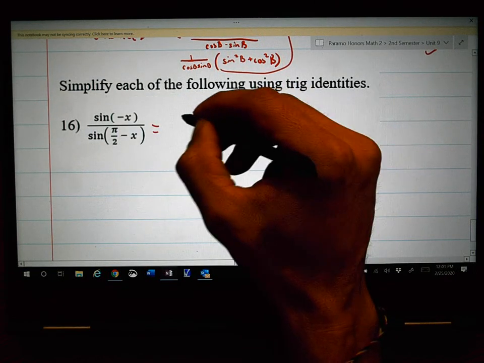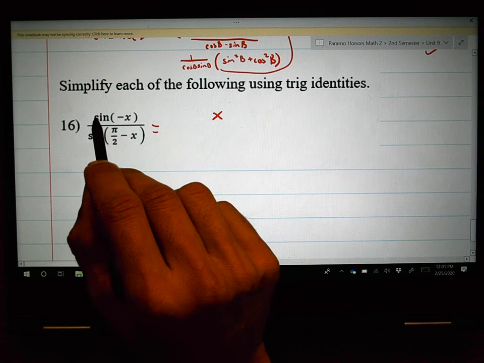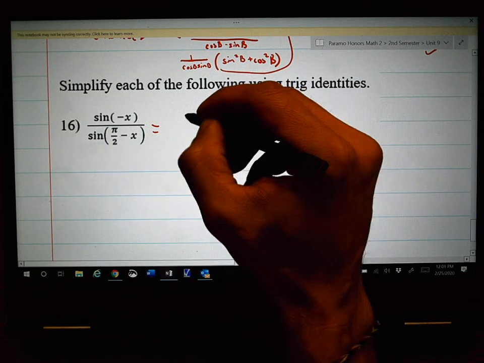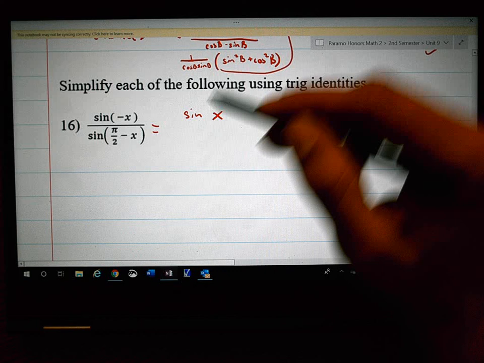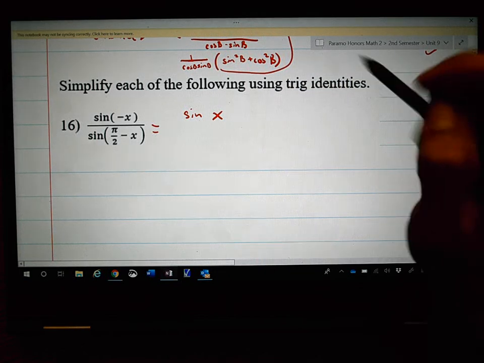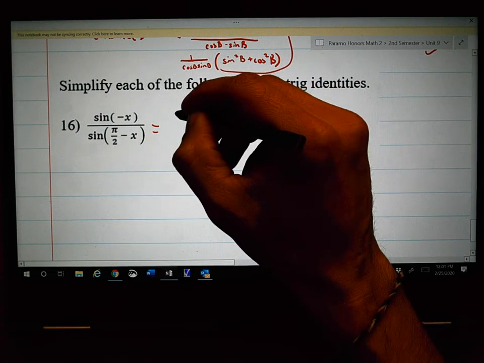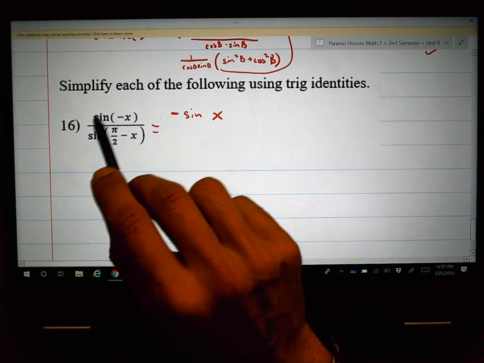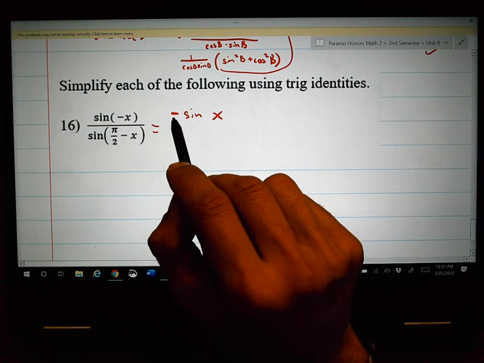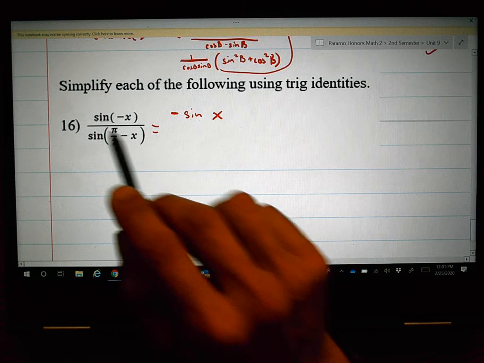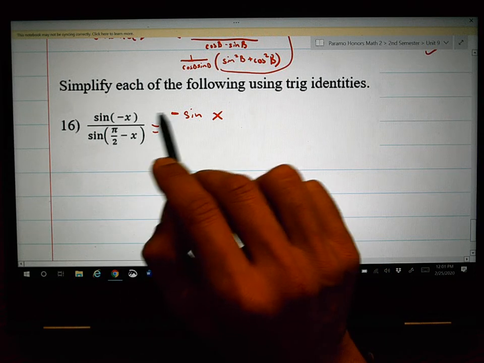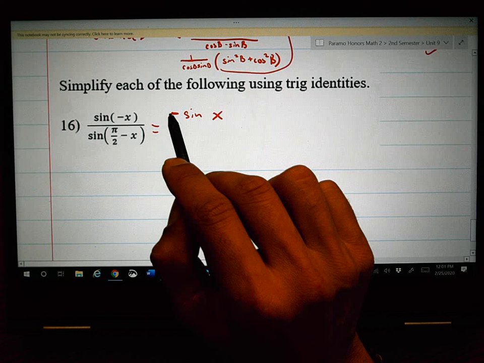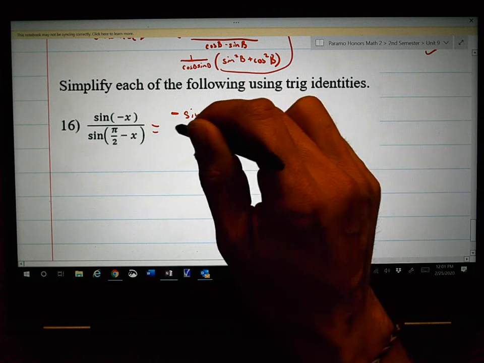When you change sine of a negative angle to a positive angle, is it the same or is it opposite? That means this, instead of a positive sign, it's a negative sign of x. It changes sign up on top. That is called an odd function.